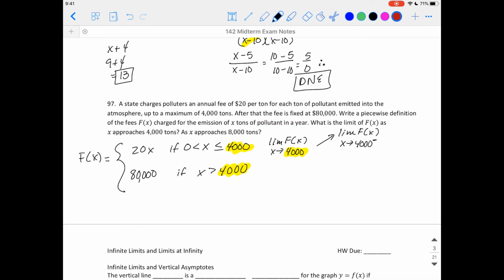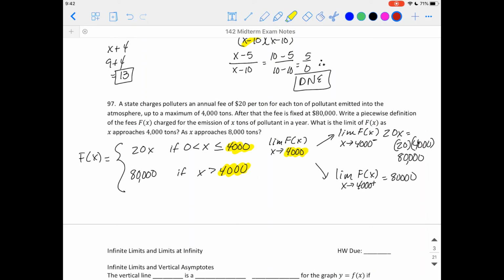I need to use 20x, so that's just going to be 20 times 4,000, which is 80,000. And then I also need to do the limit of f of x as x approaches 4,000 from the positive side, which is just 80,000.